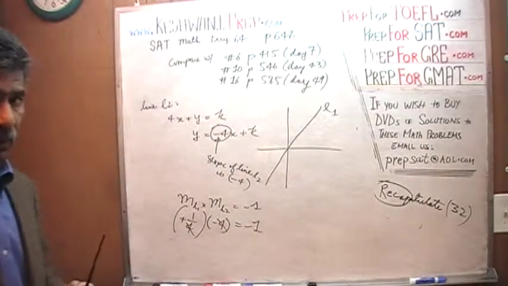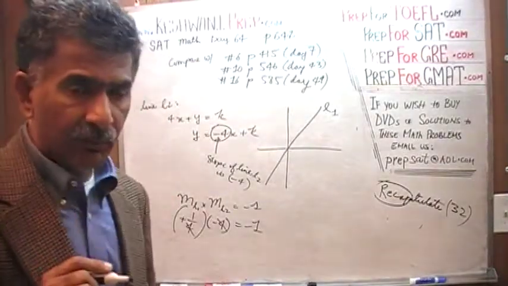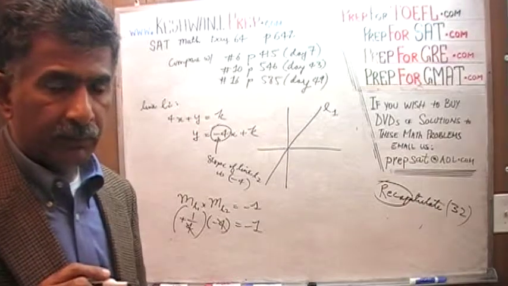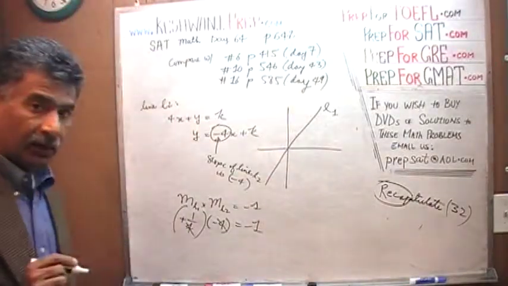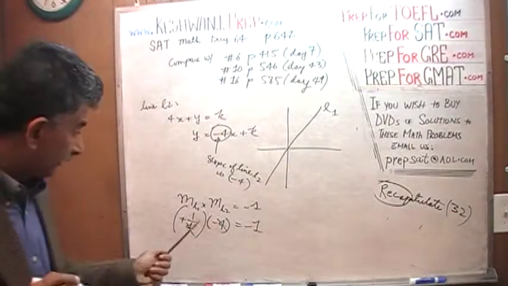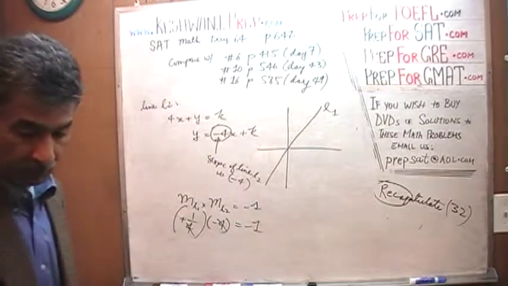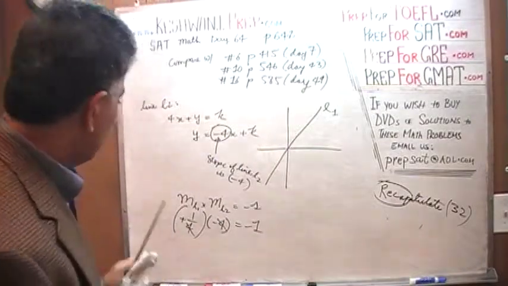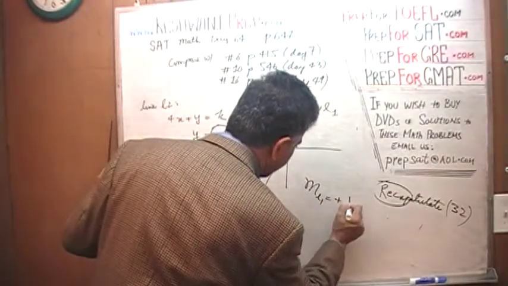You see, there's a lot going on in this problem. I do not know why it's classified as a medium question. So now we know that the slope of line L1 is in fact positive. Not only do we know that it's positive, but we also know that it's exactly positive 1/4. So we drew the line properly. It is a positive slope line, and also make a note that the slope of line L1 is positive 1/4.